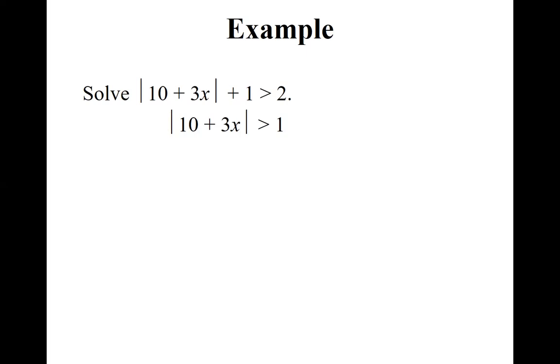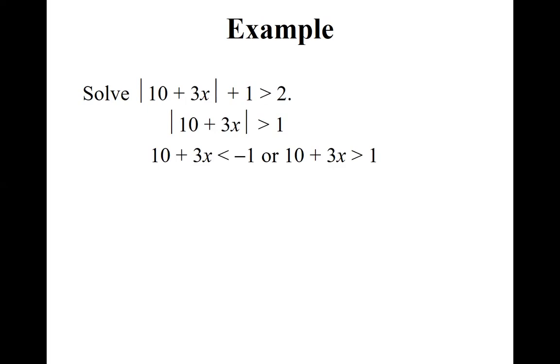Two equations. One of them we get by dropping the absolute value sign completely and reading as is, so 10 plus 3x greater than 1. The other one, drop the absolute value sign, switch greater than to less than, switch positive to negative.